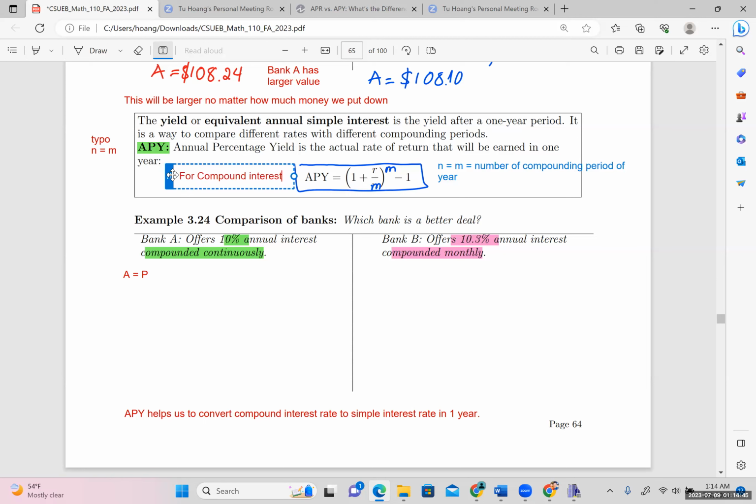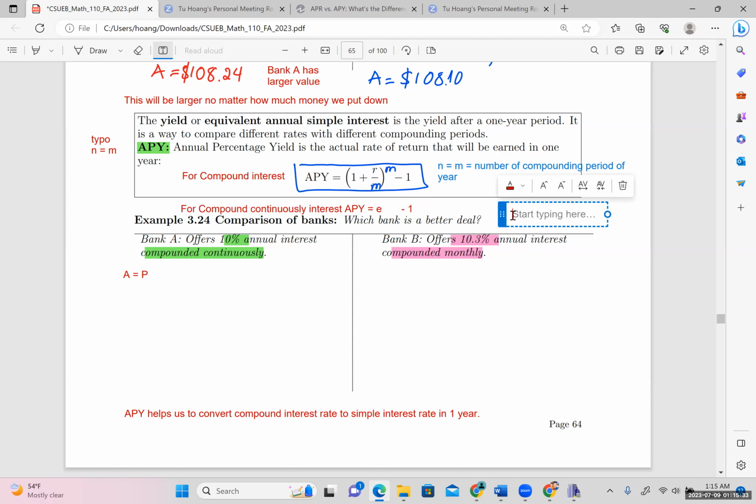For the compound interest formula, you want to use that formula, but for continuously compounded interest, you will have APY equal to e raised to the power RT, and then minus 1. Just e raised to the power RT and minus 1.